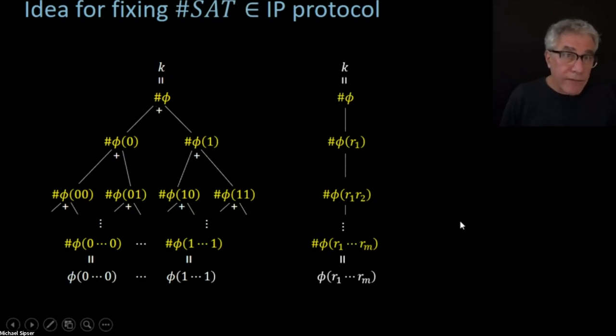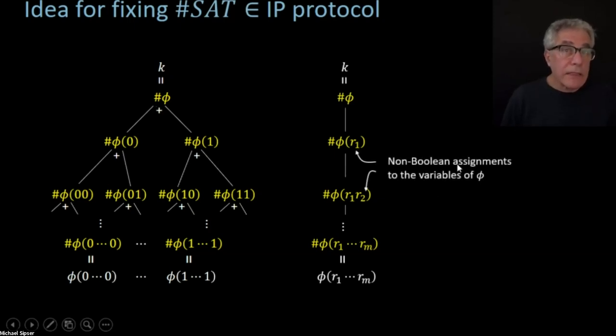So the way we're going to achieve that is, instead of picking a 0 or a 1 for these random values, we're going to have non-Boolean assignments to the variables. And we have to make sense of that. And we've already seen an example of that. It's going to be very much the same.